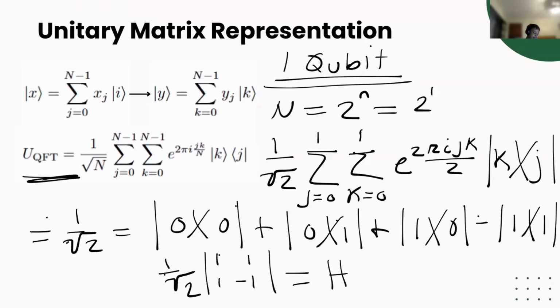And then we have this exponential right here. So e to the 2 pi i j k over 2, multiplied by the outer product of your output and input. And so anytime that you have 0, we see that since we're multiplying j times k, anytime either of those values are 0, then this entire expression becomes 0, and so e to the 0 becomes 1.